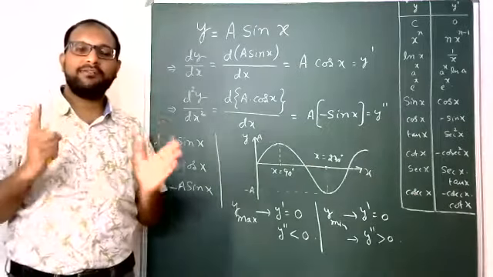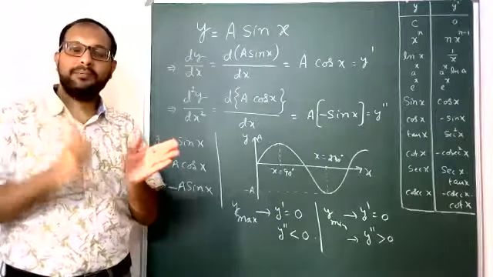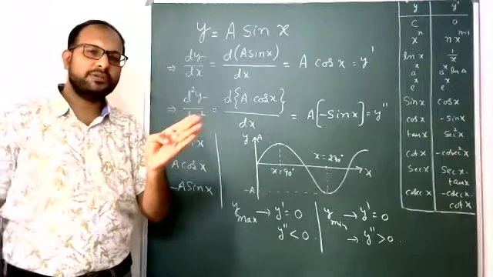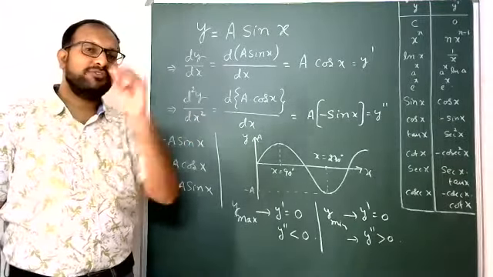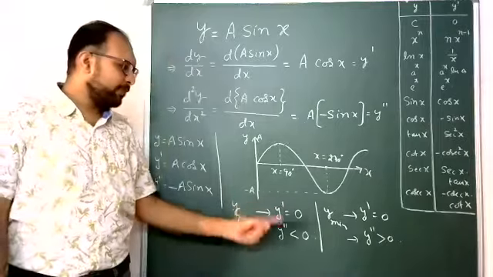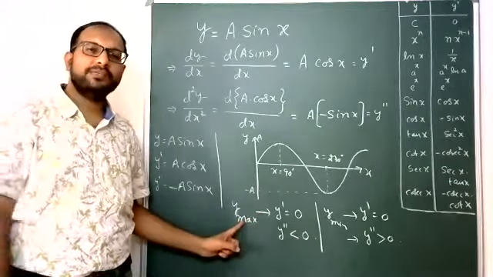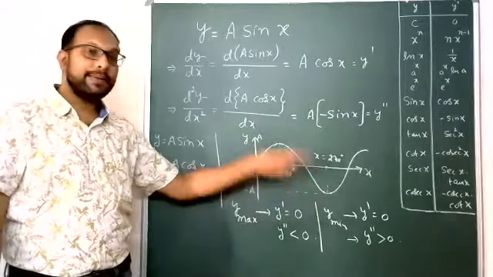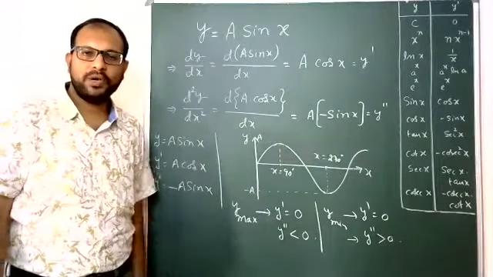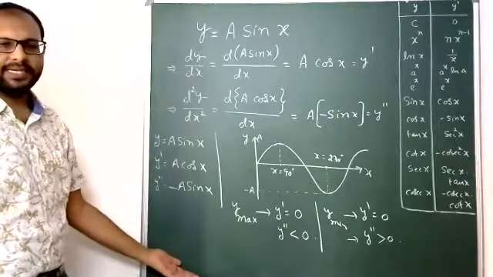Final thing to remember: at either maximum or minimum, the first derivative is 0, no doubt. That's why the second derivative is required to finalize the answer. Suppose the second derivative is negative, y has a maximum value. Suppose the second derivative is positive, y has a minimum value. Okay, so take one screenshot now.